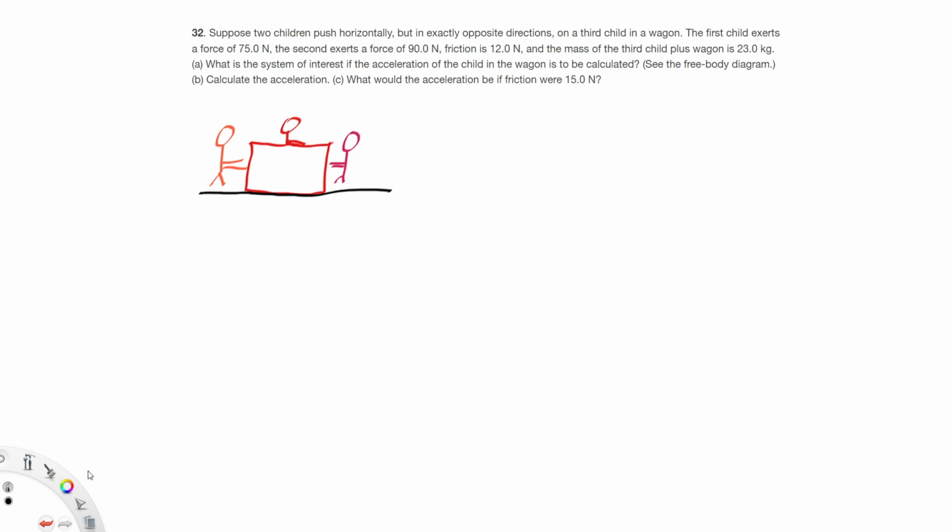All right, so let's draw in the forces here. So the first child exerts a force of 75 newtons. The second child exerts a force of 90 newtons, but in the opposite direction.